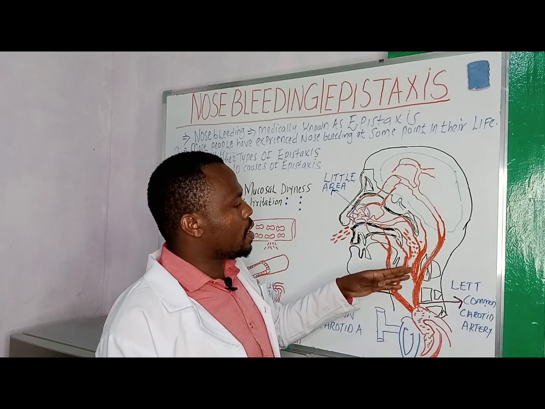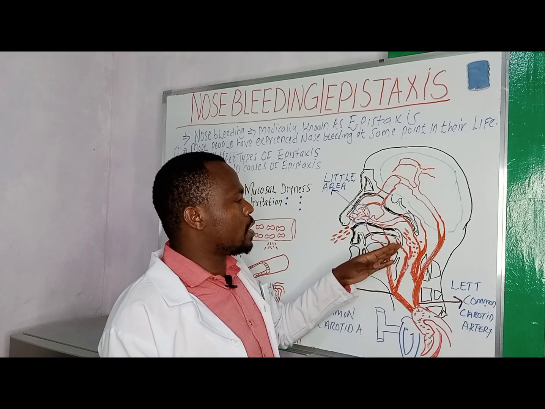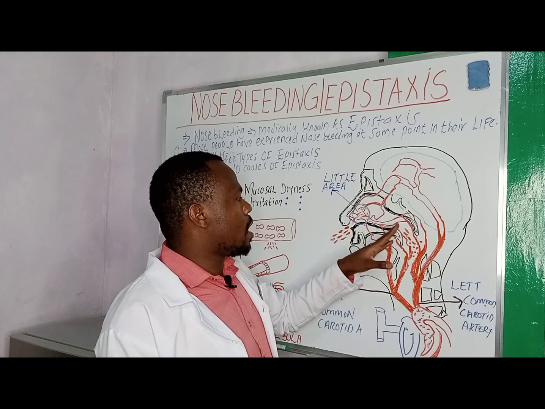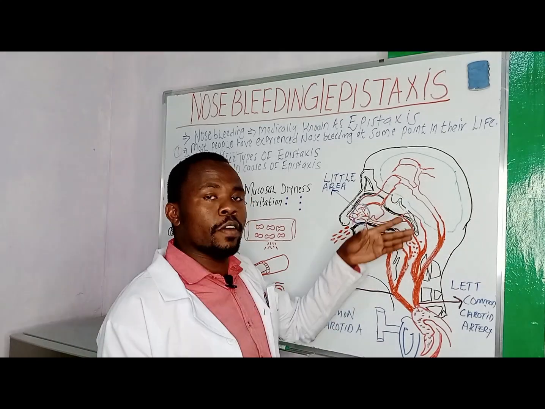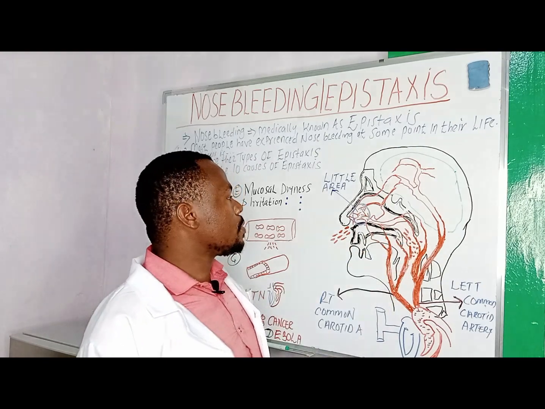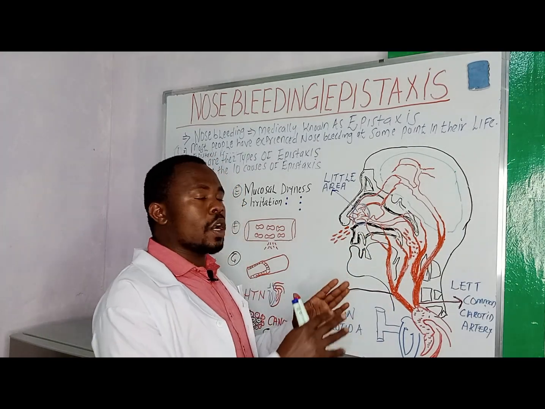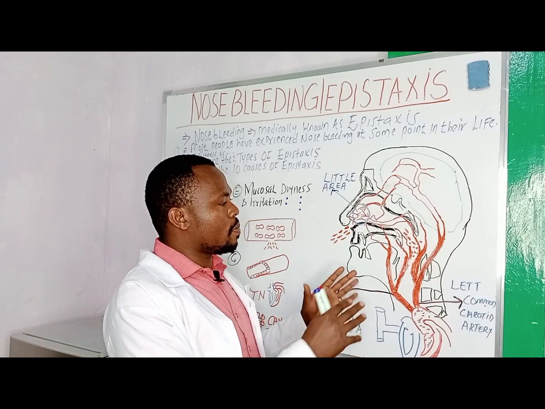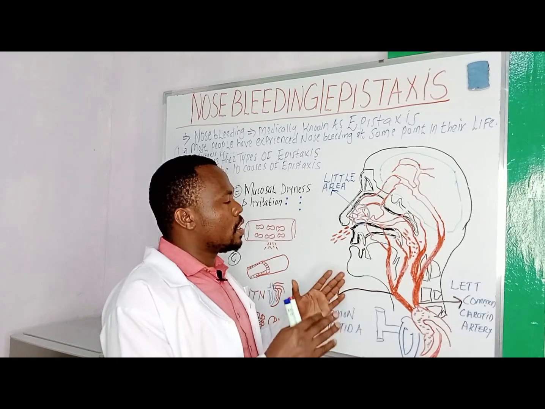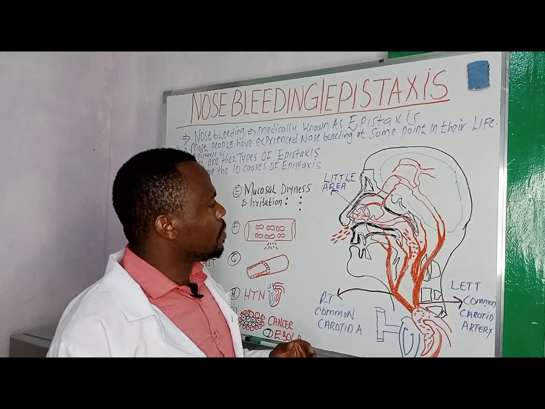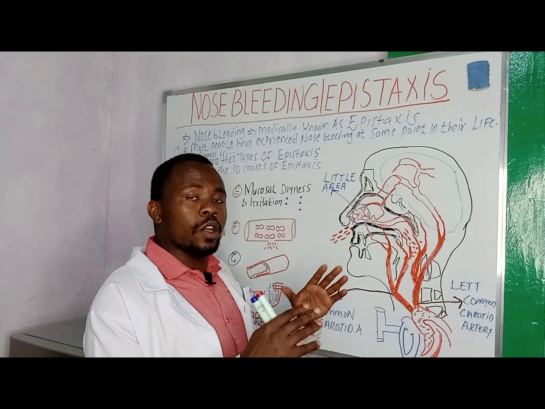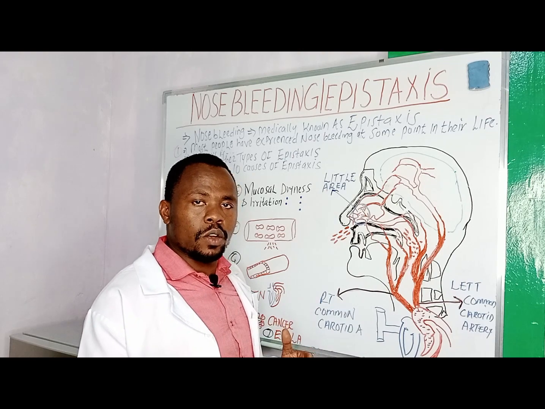Then the left internal carotid artery will ascend and also give off two branches that will supply the left side of the nose. All these around 8 branches from both the internal and external carotid arteries will supply the nose and the structures around the nose.